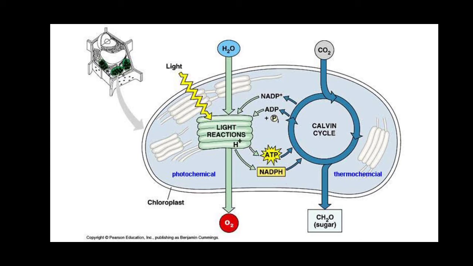Thus, the second process, the production of carbohydrates from carbon dioxide by the CO2 fixation step, goes by the name of dark reaction. It is called so just as a simple moniker, but the actual name of it is light independent reactions.